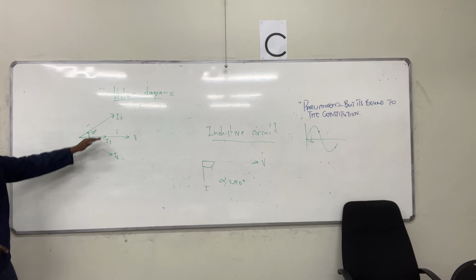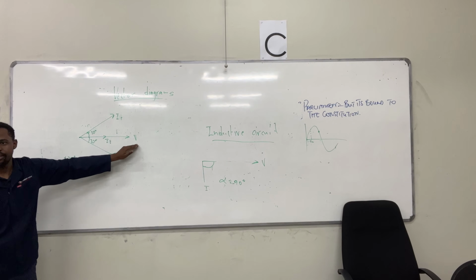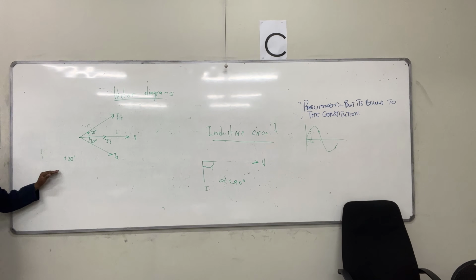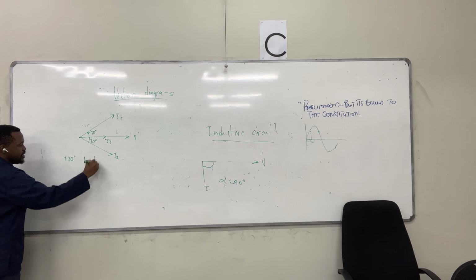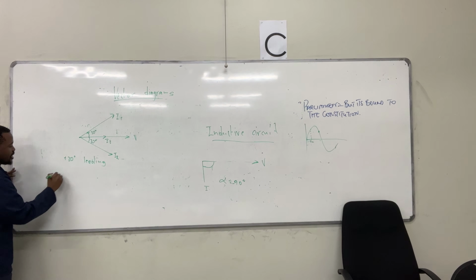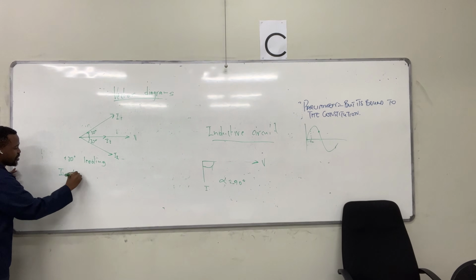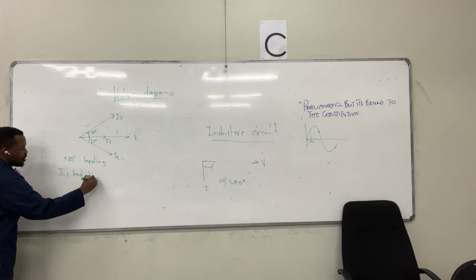The angle between I1 and V is positive 30. A positive angle is leading. So we can say I1 leads the voltage by 30 degrees.